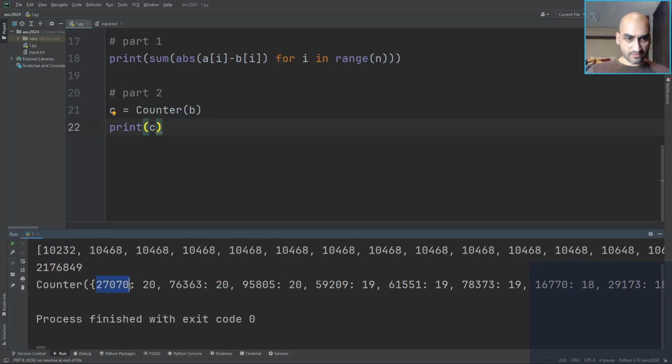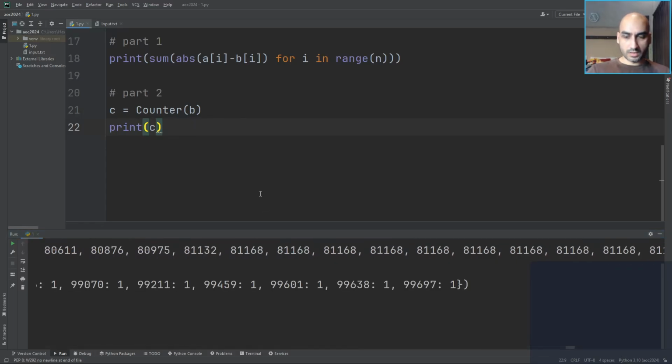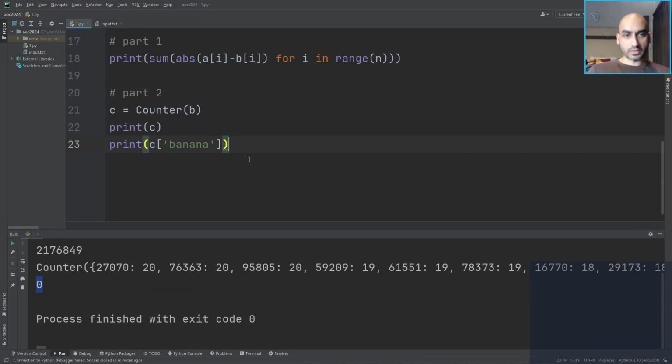So 2707 appears 20 times, and so on. And if something doesn't appear in the table at all, like banana, it should be 0. So it has defaults, which is important. Okay, so for every input you can check the frequency.